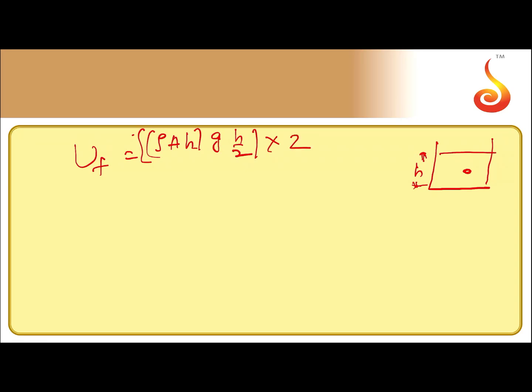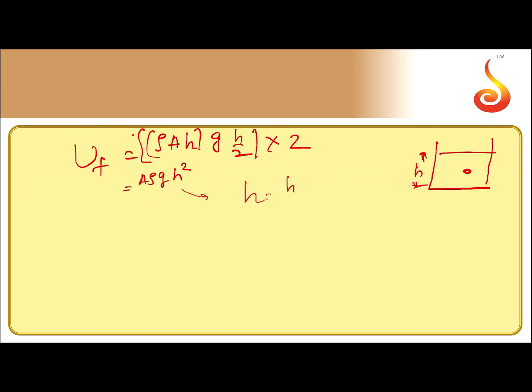So what do you have? This is nothing but rho G H square into A. 2 and 2 cancel: rho G H square into A. What is this height?